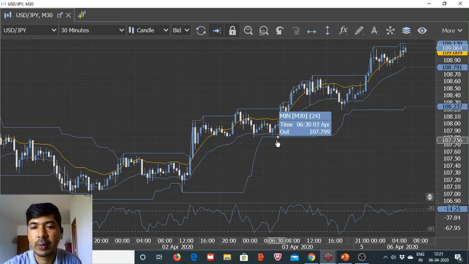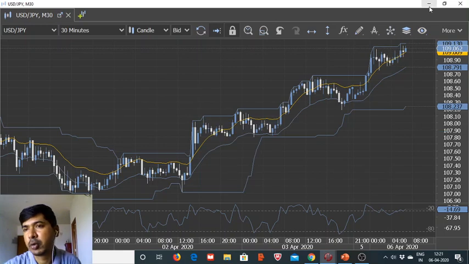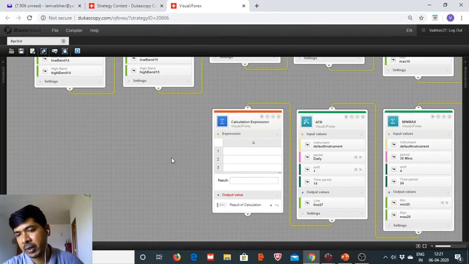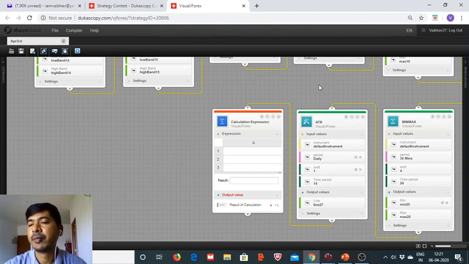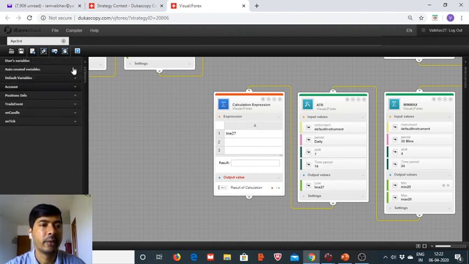We add the 20 pips, and only when the current price starts to rise above that level will the trade execute, and it is going to be a market open. We are not taking in pending open for this particular algorithm. So we define the value here, 20% of the ATR.